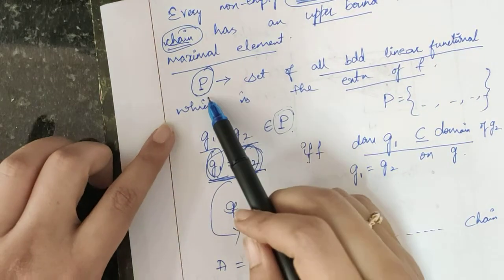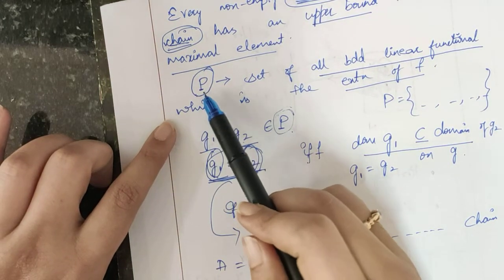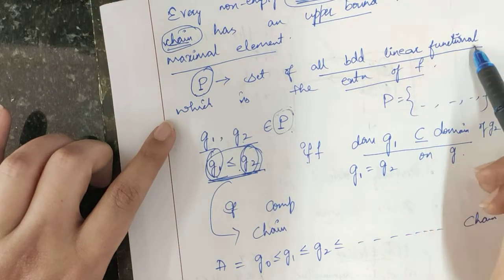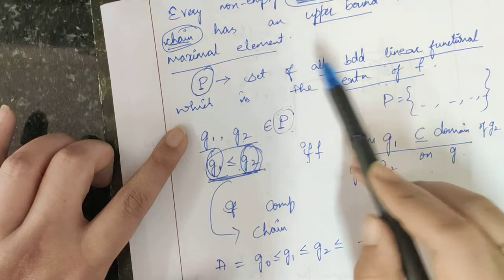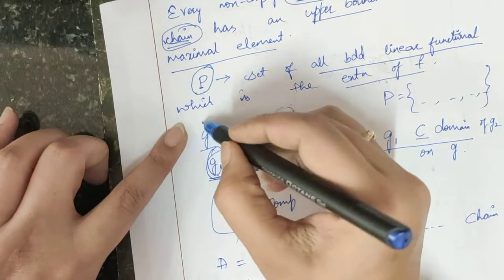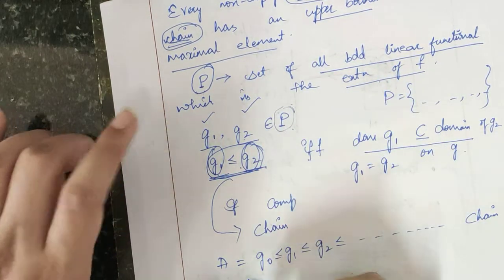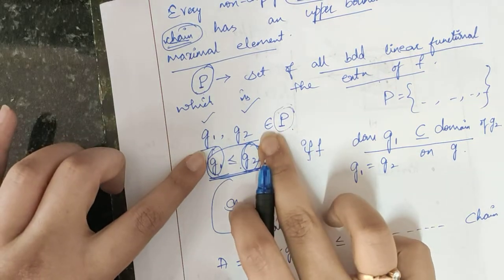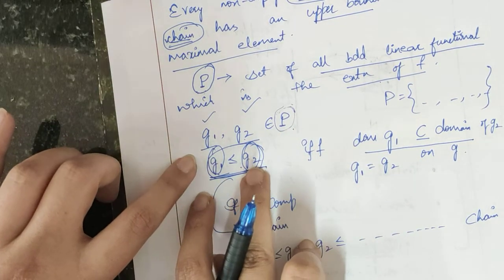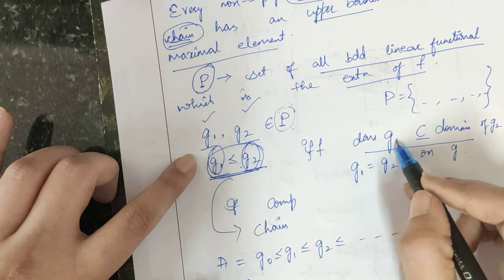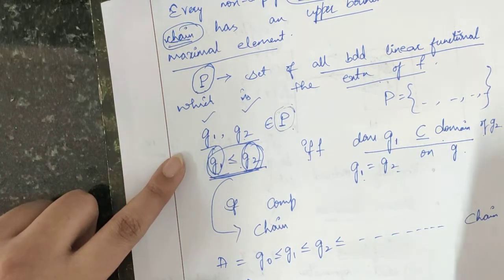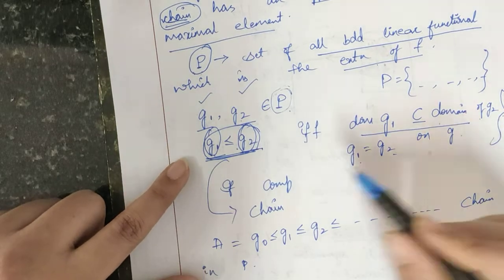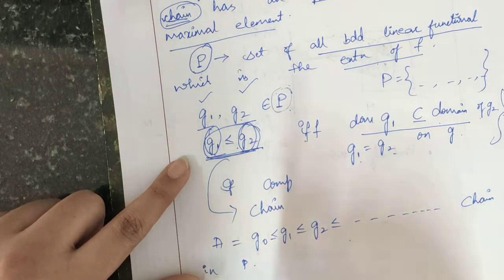First, we have considered a set P, and this set P consists of all bounded linear functionals which are extensions of F. Now, in the whole set, I am choosing two points G1 and G2. To call this a poset, I should compare G1 and G2 if and only if the domain of G1 is contained in the domain of G2 and G1 is equal to G2 on G. This is the condition to say that P is a poset.